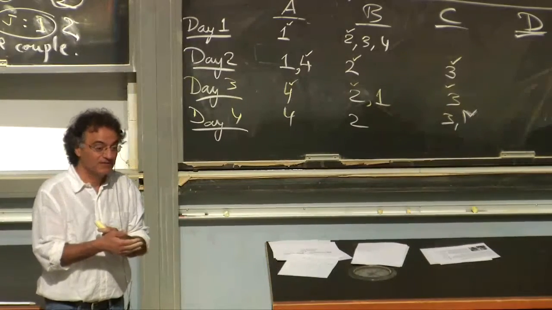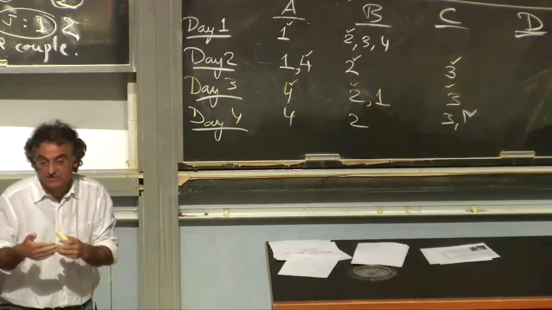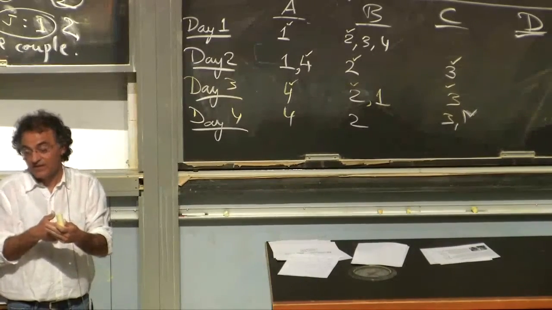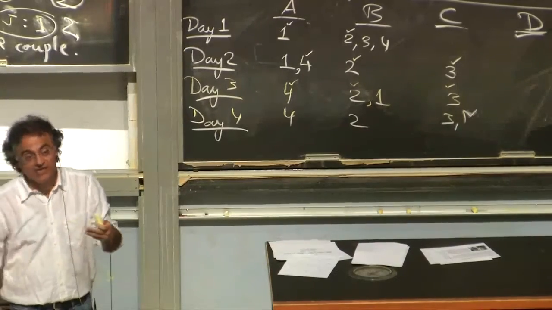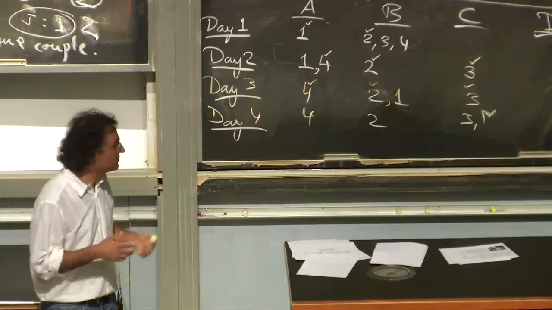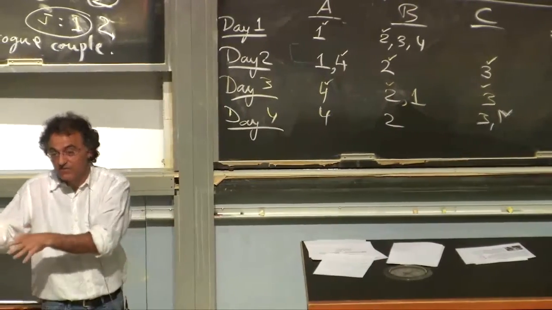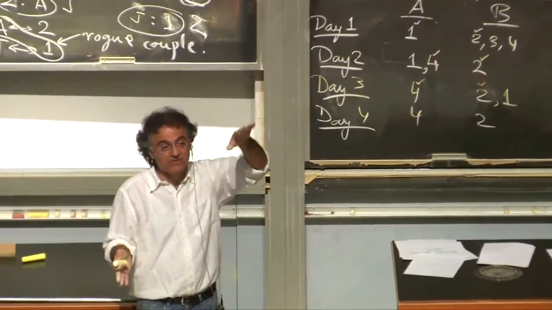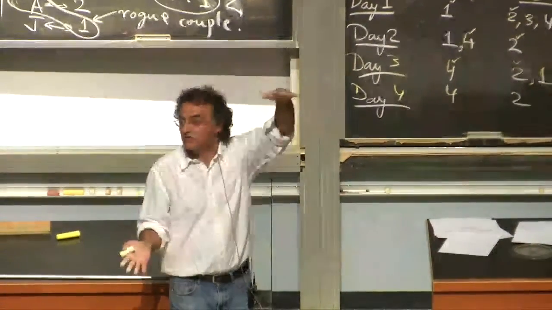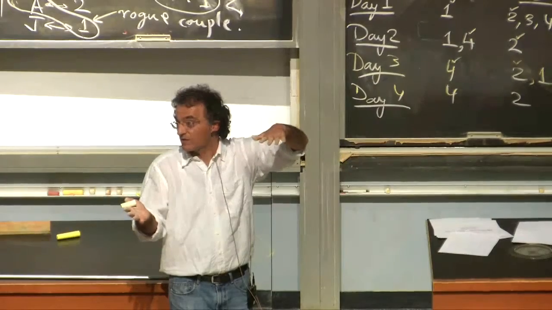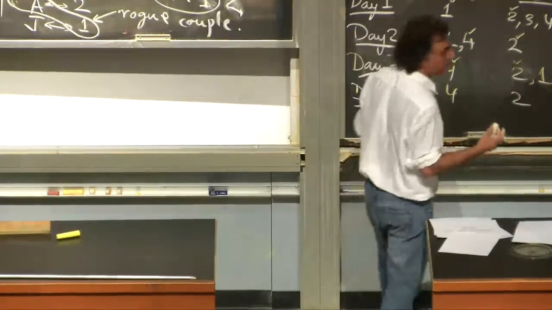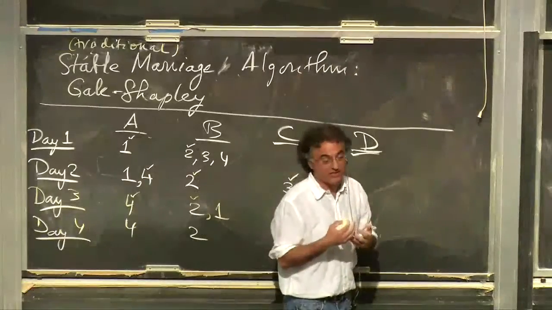So at the very least, they're going to be as well off as they were yesterday, and hopefully even better off because they'll have more people. So things keep getting better and better for the women. They keep getting worse and worse for the men. That's how this algorithm works, and that's the key to analyzing it. All right, so let's actually state this formally.